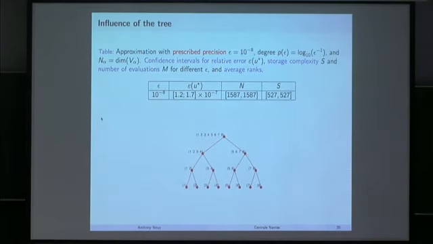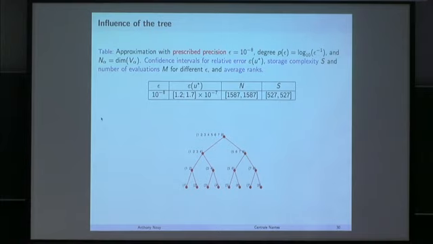So here are just some slides illustrating the influence of the tree, because the algorithm runs whatever the tree you choose. So the choice of a tree is a very critical issue, a very critical question. There are some problems where you can show that a function can have a very low rank in a particular tree, but in another tree you will have a number of parameters that scales exponentially with the dimension d.